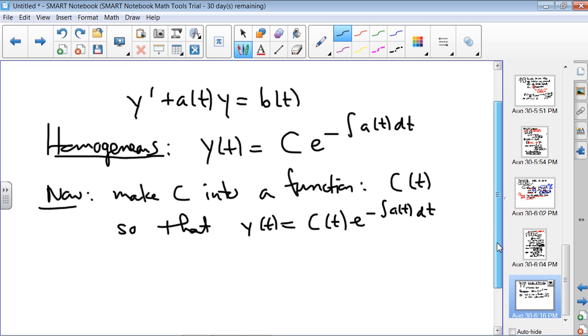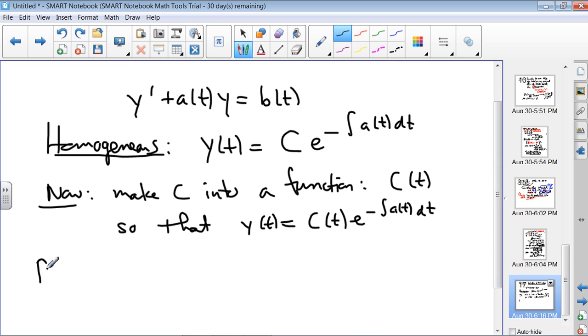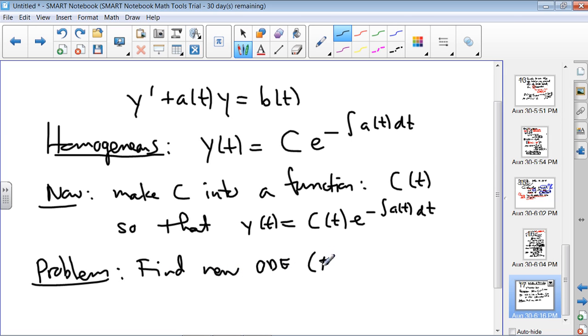Okay? And here is my question to you. Let's see if you can find the new differential equation. It's going to be, again, a first order equation that c of t satisfies.